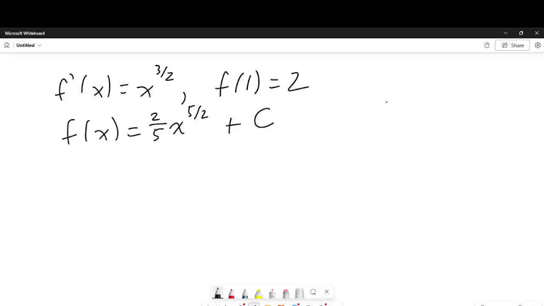So what this would look like if you were to put this on a graph, and I recommend this, go to something like Desmos now, and try typing in 2/5 x to the 5/2 plus c. And then it'll give you a little slider, and you can slide the c up and down to see what happens. What it would give me would be something kind of parabolic. I'm not quite sure what the shape would be.